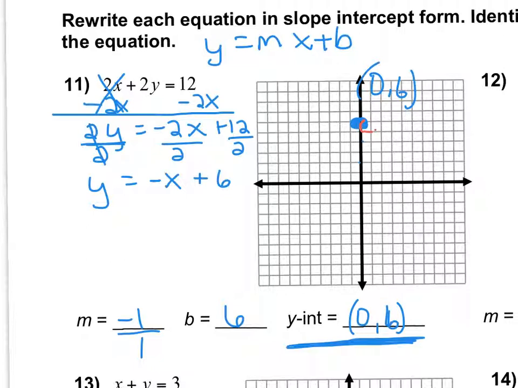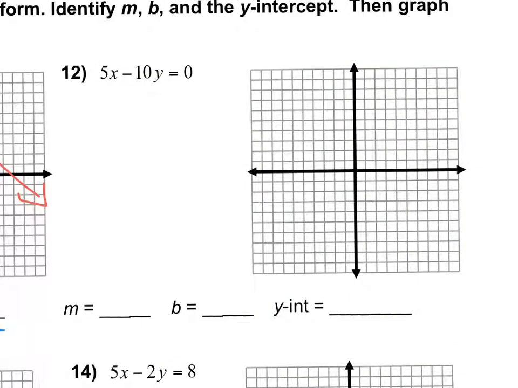So over, put a point. So -1, I go down 1, and then +1, I go to the right. And then you could keep going and do a few more points if you want. And then you draw a line with 2 arrows. Number 12 is 5x minus 10y equals 0.